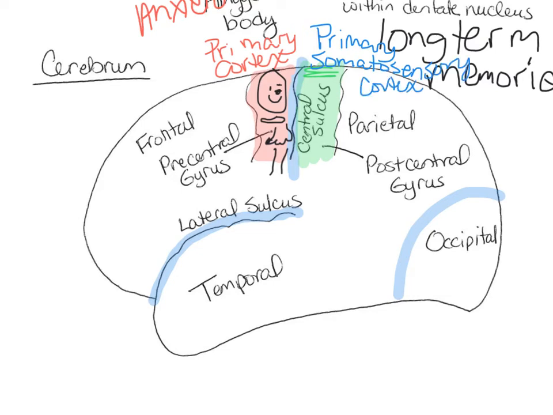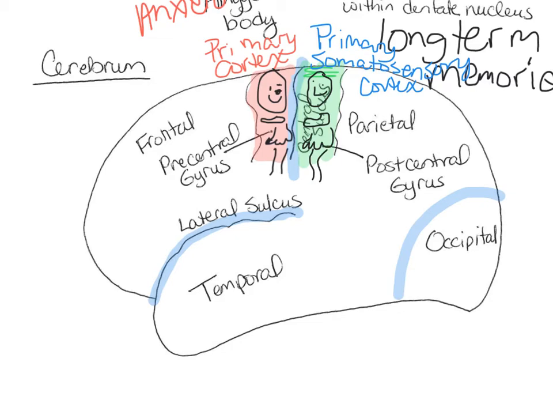Okay, primary somatosensory cortex. This also is mapped out with a distorted map, a somatosensory map, right? I'm not drawing it the way it's supposed to be, but it's a distorted map of the body.